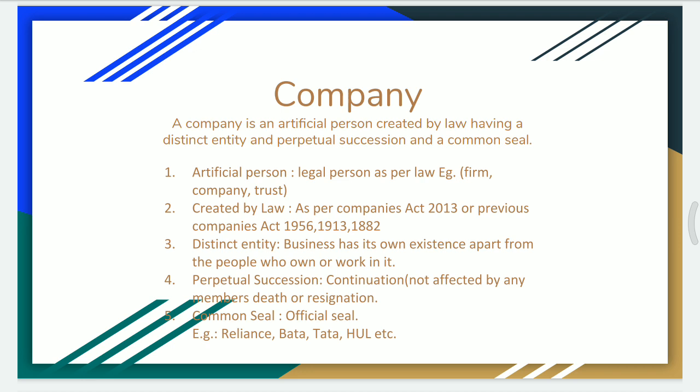The company's business is not affected by the member's death or resignation. Common seal: as it is an artificial person, it has to sign documents through its common seal, that is, its official seal. Examples of companies are Reliance, Bata, Tata, Hindustan Unilever Limited, etc.